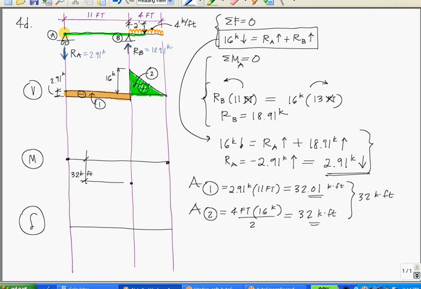Now we need to determine whether these lines are curved or sloped. Since the shear diagram is flat, we know the moment diagram is sloped. So we just have a simple line connecting those 2 points. Over here between these 2 points, the shear diagram is sloped. So we know the moment diagram must be curved.